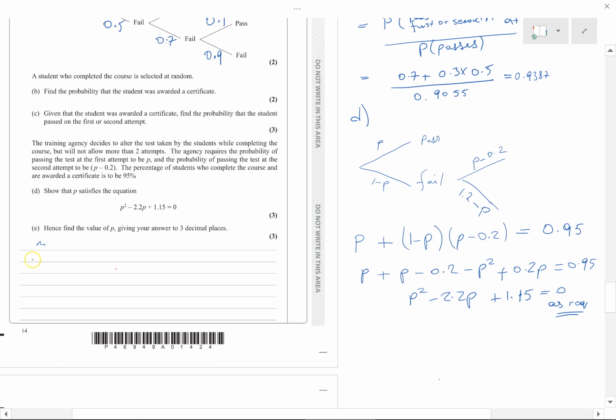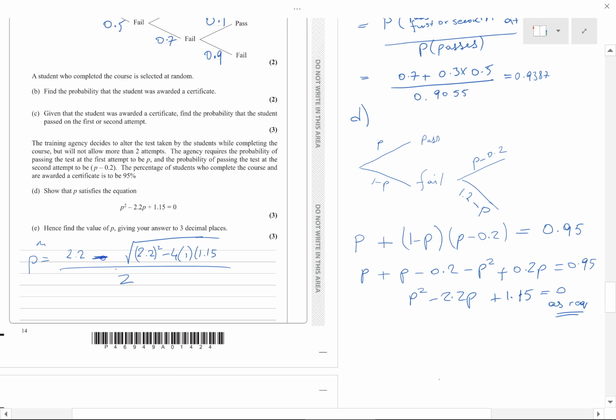So for E, we've got P is equal to, now the value of B is 2.2. Now you might be tempted to put plus or minus, but I'm going to leave that blank for a moment. Plus or minus the square root of 2.2 squared minus 4 times 1 times 1.15, all divided by 2.